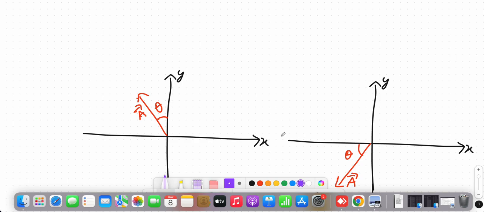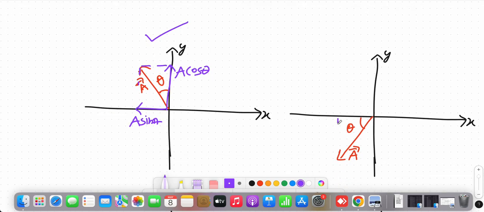Similarly, in this particular case, this component is A cos theta and this component is A sin theta.